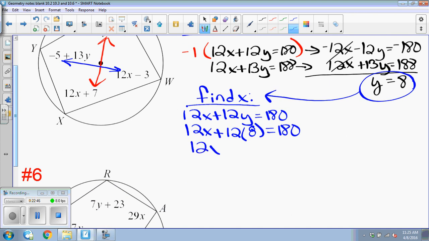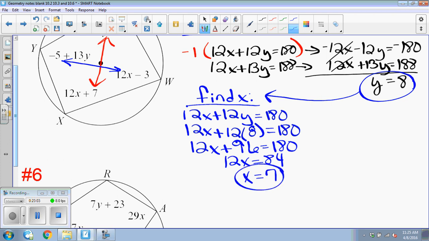So 12x plus 96 equals 180. So 12x equals 84, and x equals 7. Yay! Okay, so my answer is x equals 7 and y equals 8.